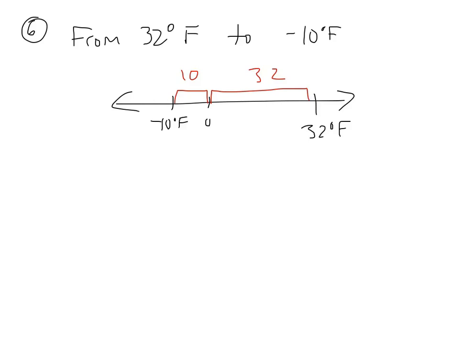If you add 32 and 10 up, you end up getting what? Well, 42 degrees. But we got to think about something. 42 means positive 42. If it went from 32 to negative 10, did we have a positive change? No, we had a negative change, right? So our answer is actually negative 42 degrees Fahrenheit.